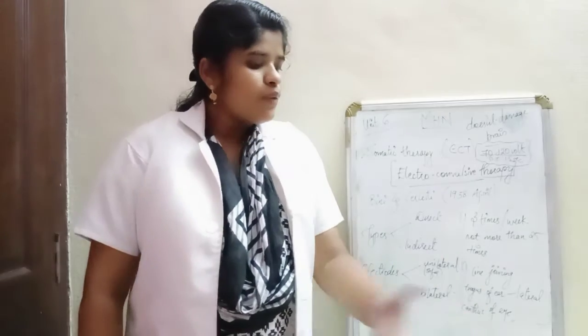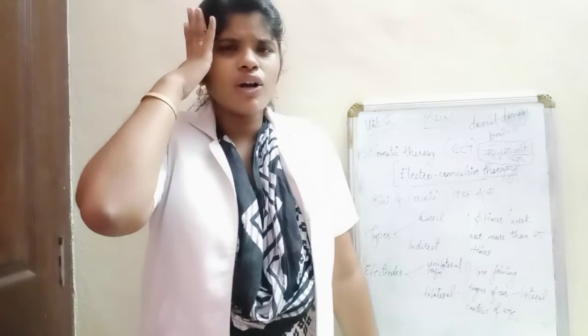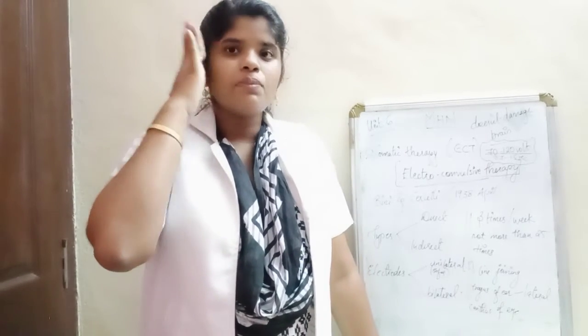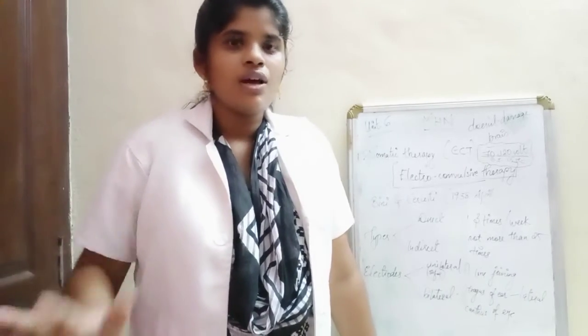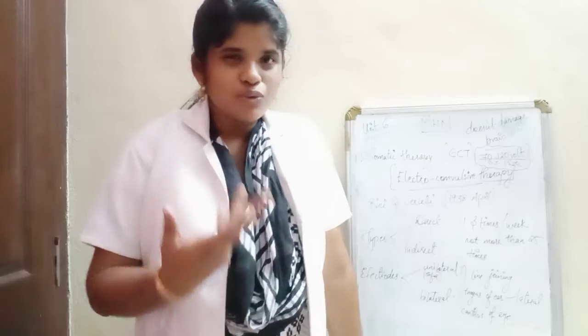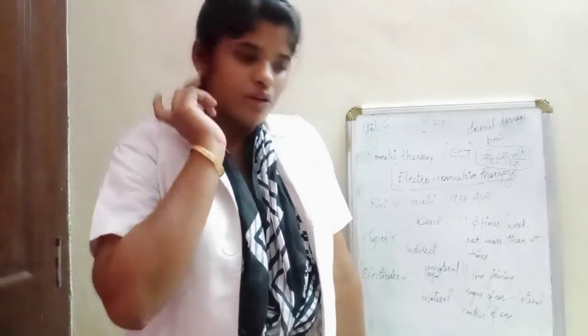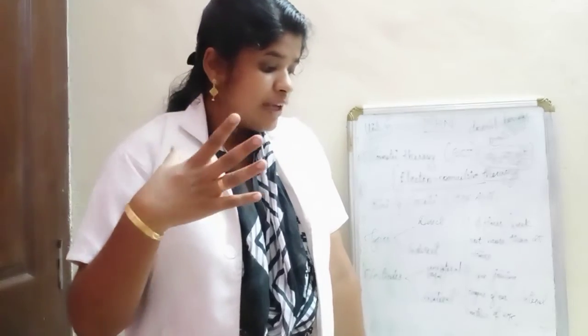Fine. Now we are going to deal with the side effects. Once the shock is given to the patient, the person will have memory impairment: where am I? What happened? Unsteady gait, the person is not able to stand properly. Drowsiness will be there. Poor concentration will be there. Muscle ache, backache, headache will be there for the patient.